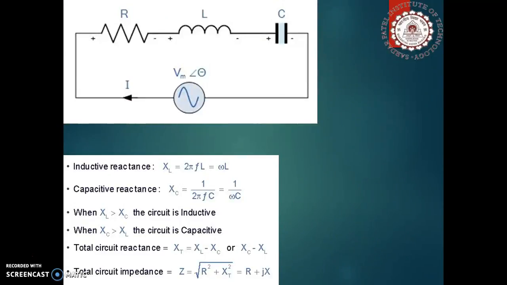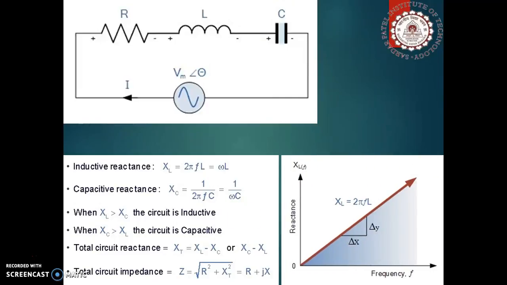Here is a summary of all the reactances that we have studied. Here we can see that XL is equal to 2 pi FL. So when we plot XL against frequency, it is a linear relationship as XL increases when F increases. It becomes infinity at an infinite frequency and is 0 at DC, that is 0 frequency.